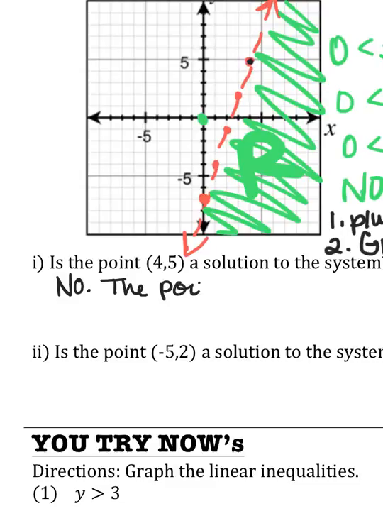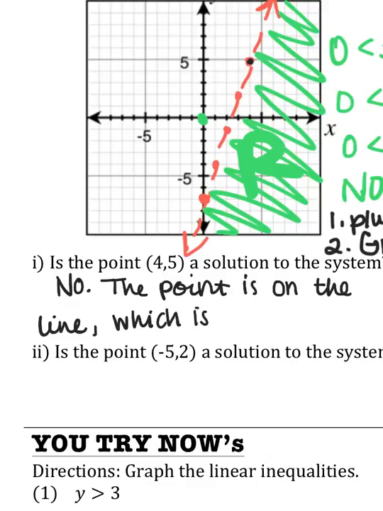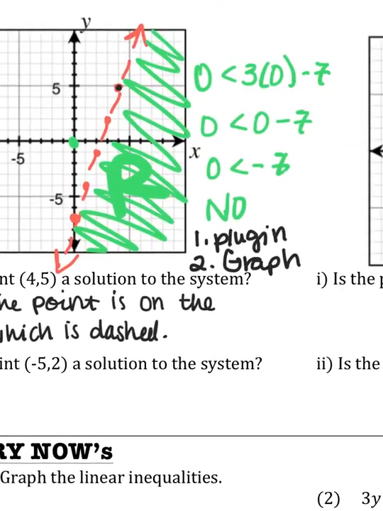The point is on the line, which is dashed. And the reason we don't include those points is because if I were to plug this in, I would have 5 is less than 3 times 4 minus 7.